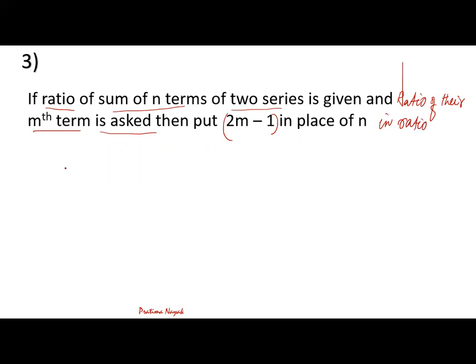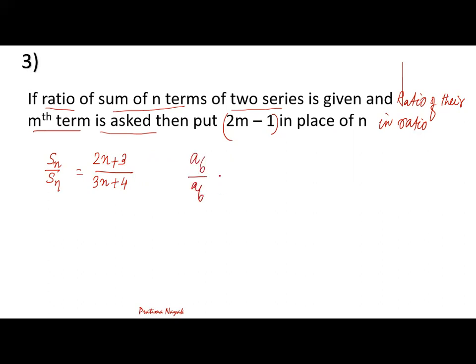For example, it is given that the ratio of the sum of n terms of two series is equal to (2n + 3)/(3(n + 4)). The question is, find the ratio of their sixth terms.